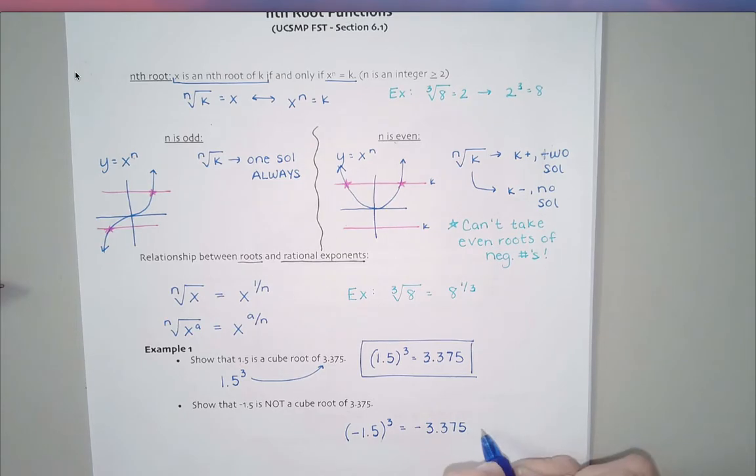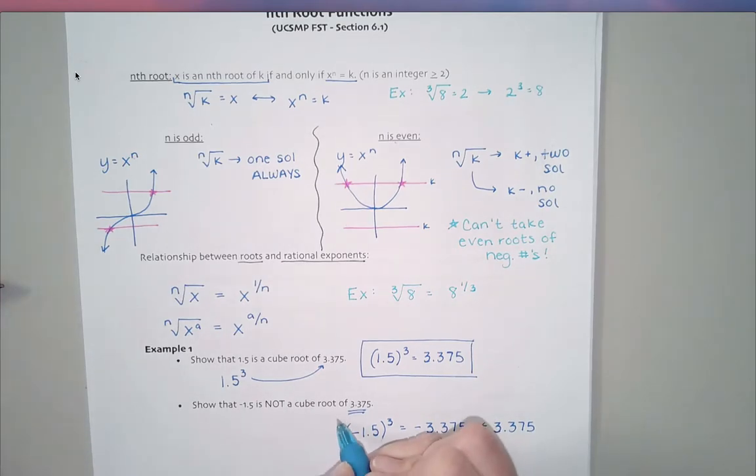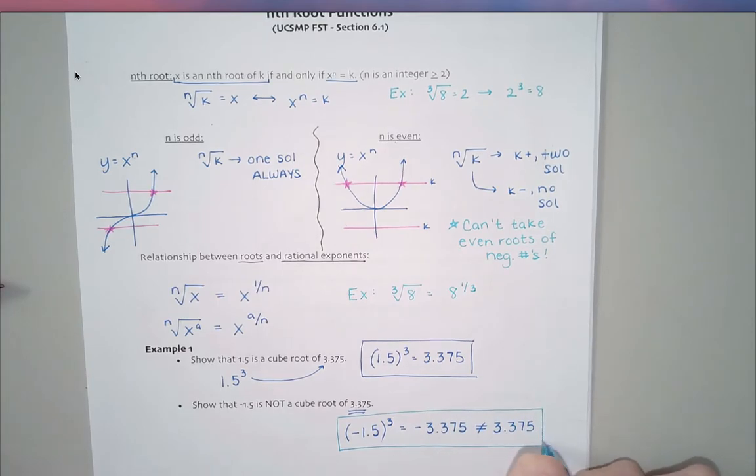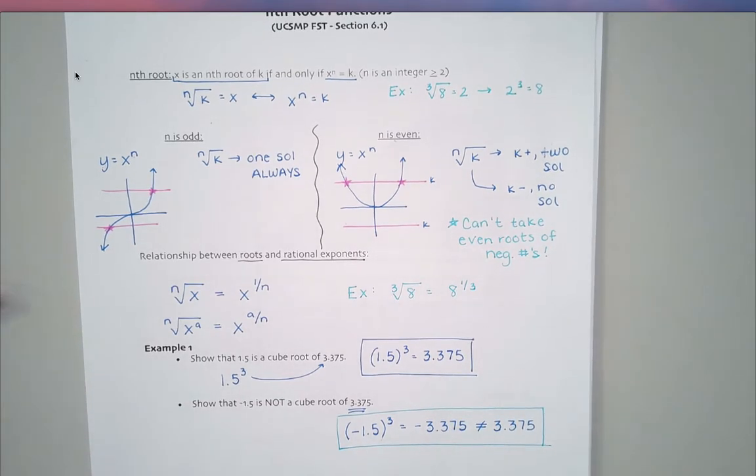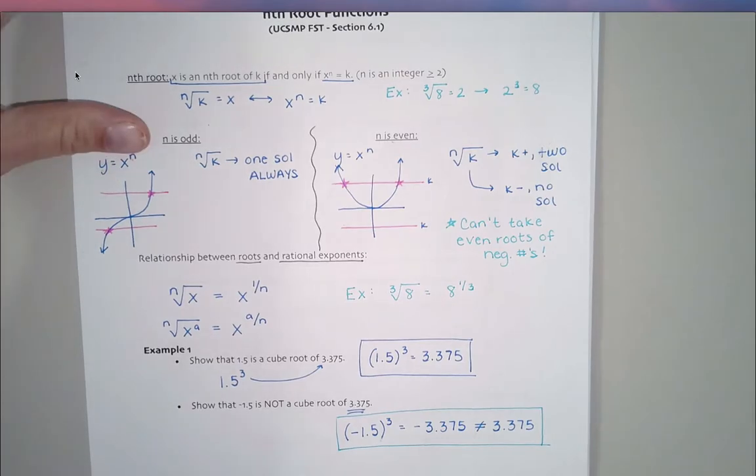And then I would just take a minute to point out that that's not this number, right? That's not 3.375. Okay, it came out negative because of the negative on the original. So this right here would be how I would show that. So that would be my final justification. Okay, let's hop to a couple more examples here.